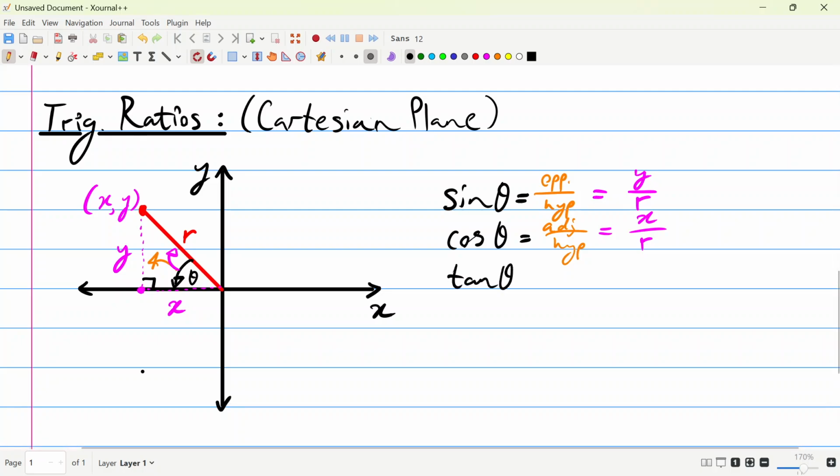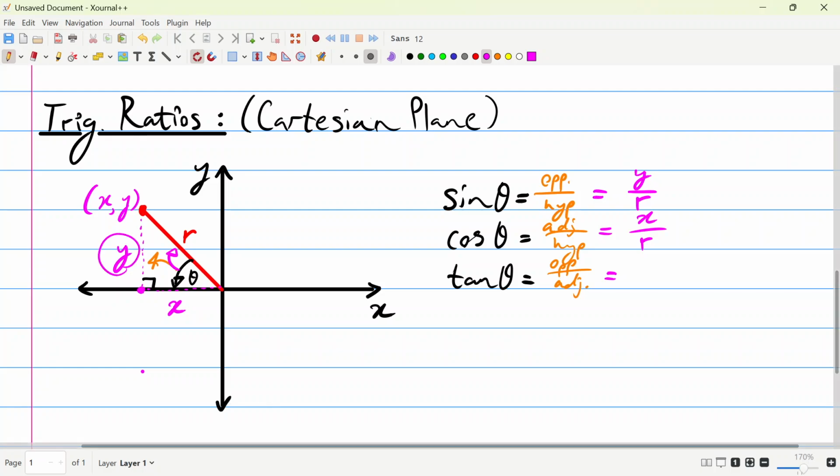Then our tan theta is going to be the opposite over the adjacent. This is just going to be equal to our opposite of theta, which is y, divided by our adjacent, which is x. So it's going to be y divided by x. So this is how we represent the ratios within Cartesian plane form.